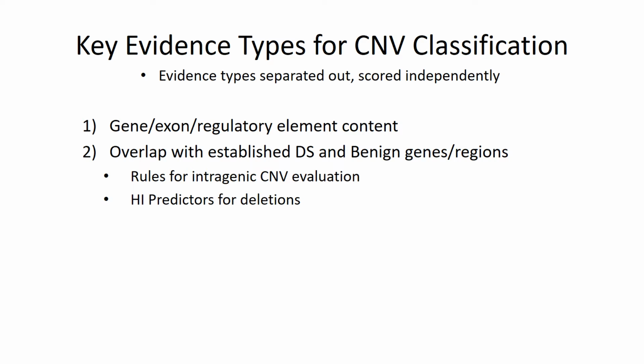In Section 2, the user determines whether and to what extent the CNV overlaps any established, dosage-sensitive, or benign genes or regions, using resources including the ClinGen dosage sensitivity map, which I'll be going over shortly. A few highlights from this section are rules for intragenic CNV evaluation and HI predictors for deletions.